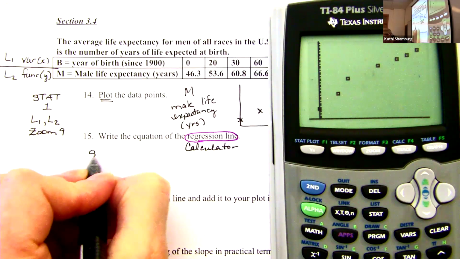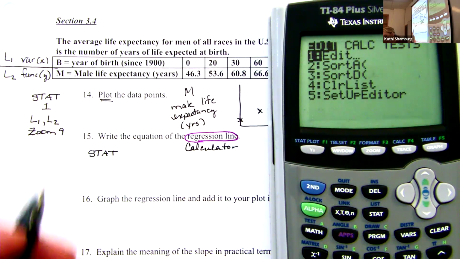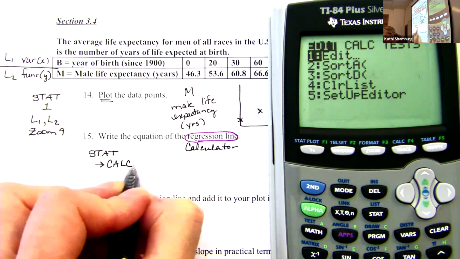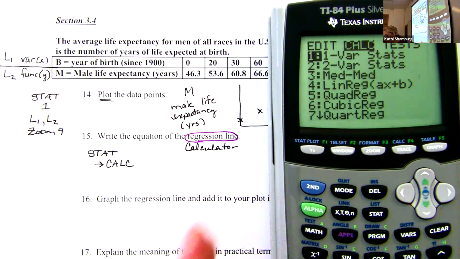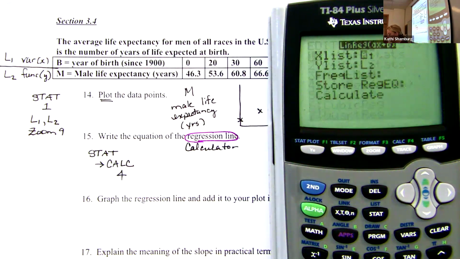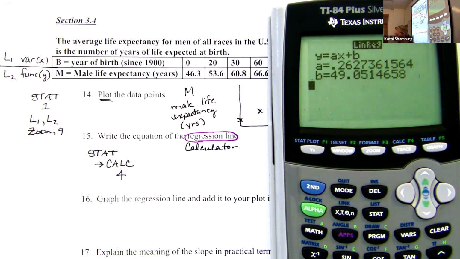Okay, so you're going to go to stat. Okay, so we go to stat, and then you need to right arrow over to calc, and then what number? 4. And then we want it to use list 1 and list 2. So just start the handy dandy, enter, enter, enter, enter.